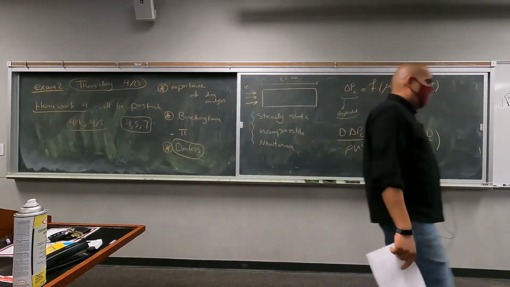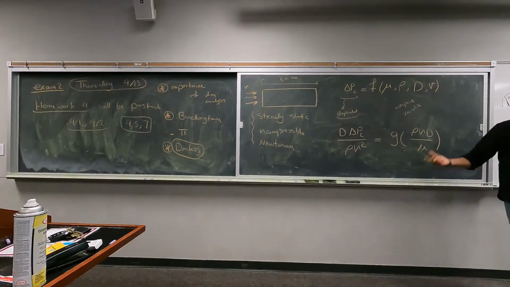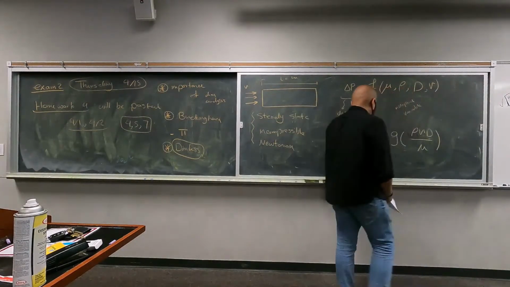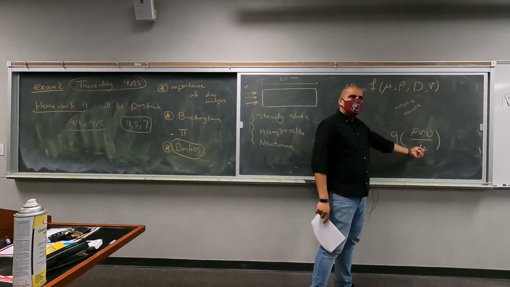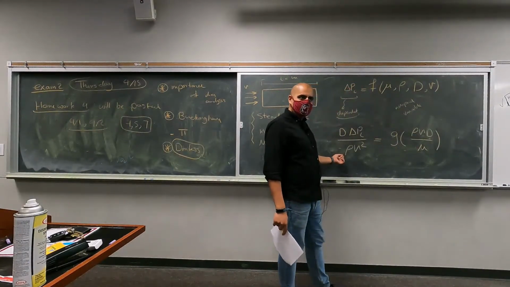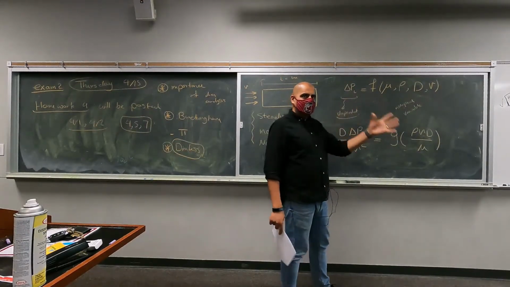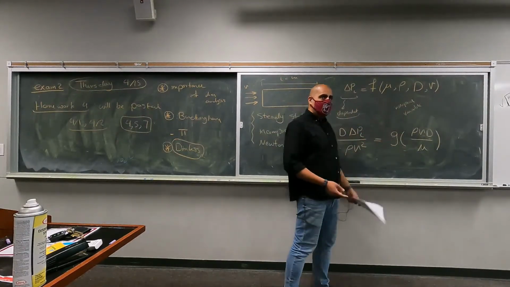Okay, so if you wanted to reduce this number of parameters, this is what we could have done. We're going to learn how to get from here to here. That's the idea. And what does this mean? This means that we only have two parameters, one independent parameter, the other a dependent parameter. So we can get an idea of the pressure drop inside the pipe with just running one experiment.